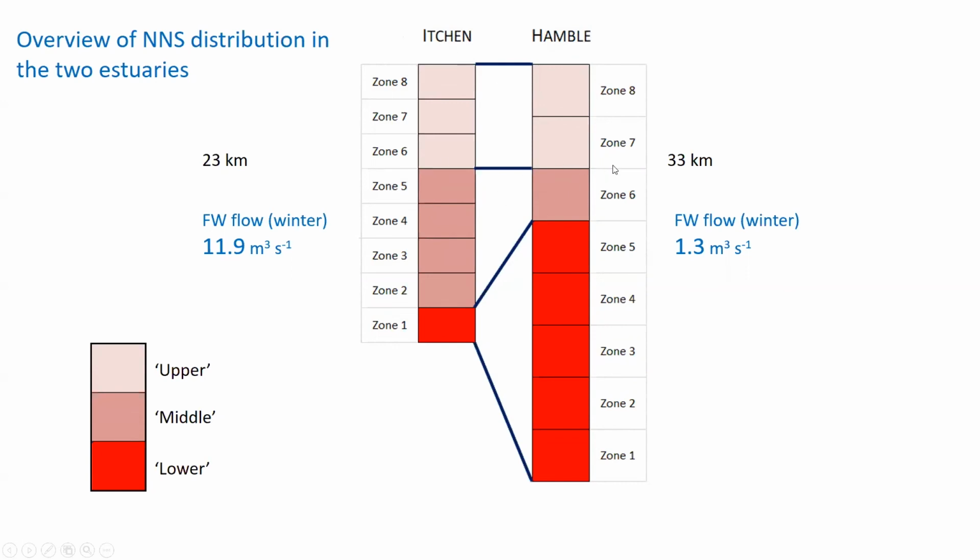And this would equate to zone 6 in the Hamble. And in zone 6 in the Hamble, we visited one site, which was Manor Farm Pontoon and the adjacent shores, and we didn't find the orange striped anemone. And that is the basis for us not having seen it in the estuary as a whole.